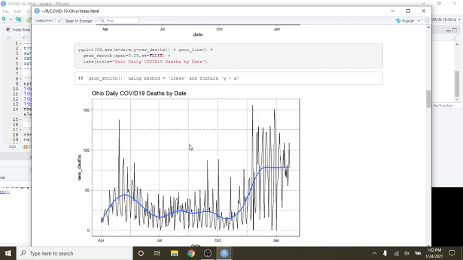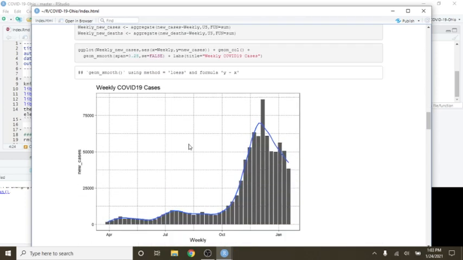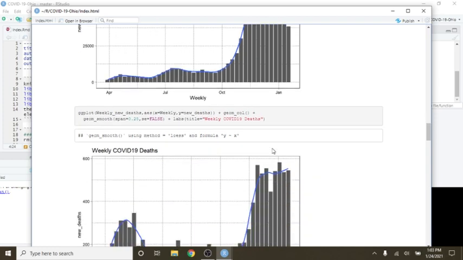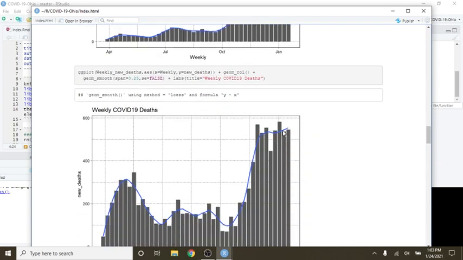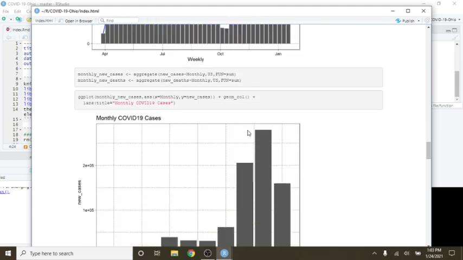Interesting enough, it's kind of a curious change. You can see that these numbers here are below this number here and certainly below this number here, which is why we're seeing the decline in cases. And as the daily numbers show us, Ohio's deaths are remaining pretty flat.